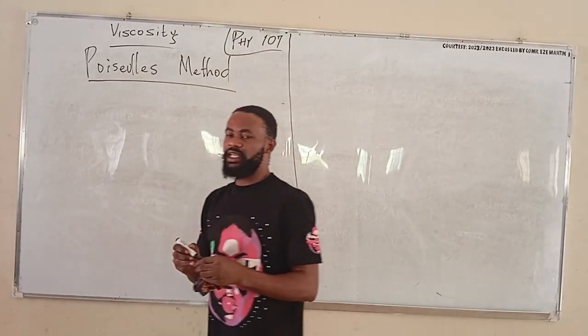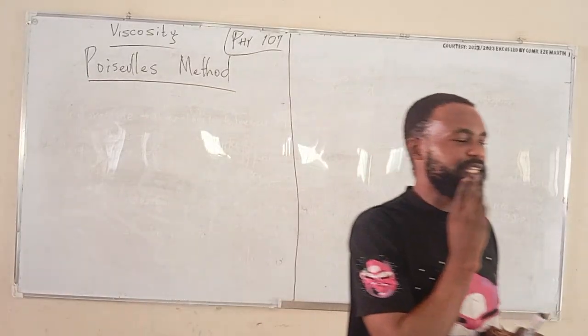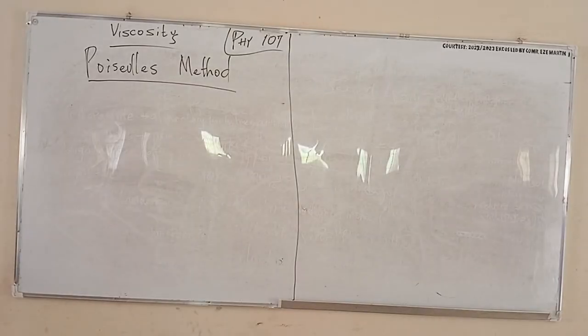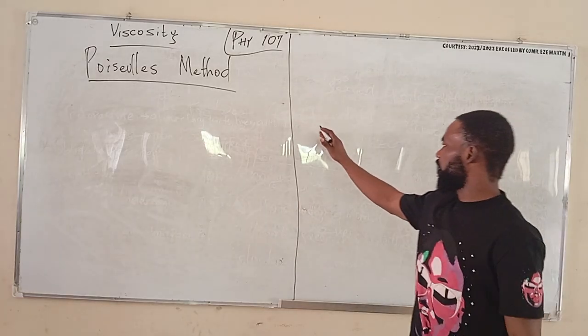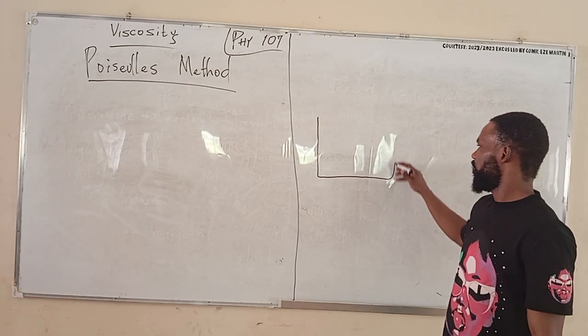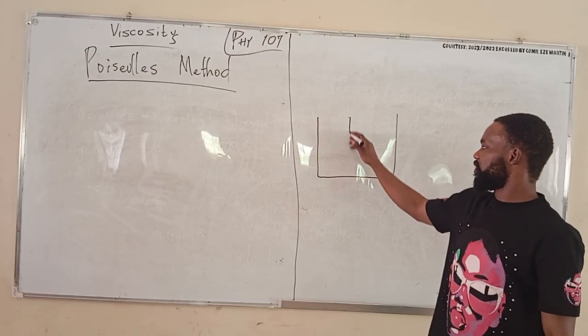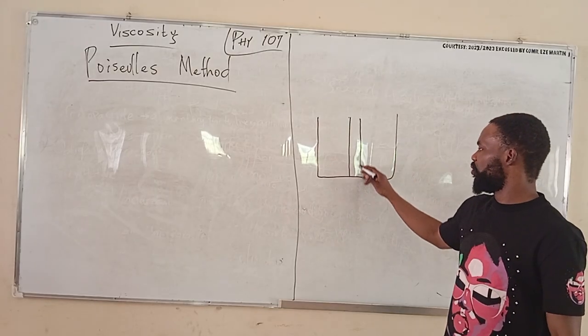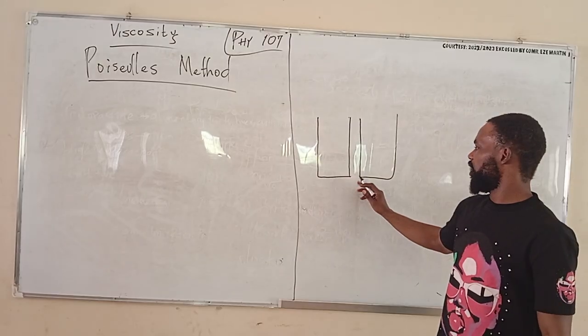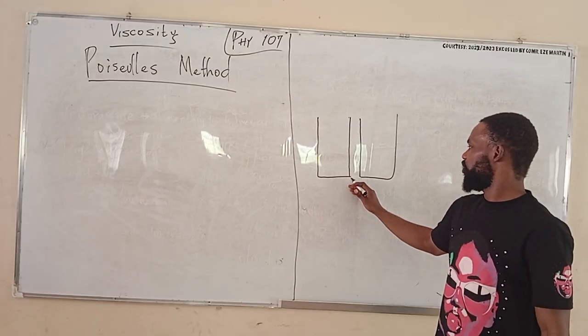So what this man did was to get a tank that has water, and he tried to immerse a capillary tube. I believe in your practical book you will see what I'm drawing here, so don't judge me by the drawing.